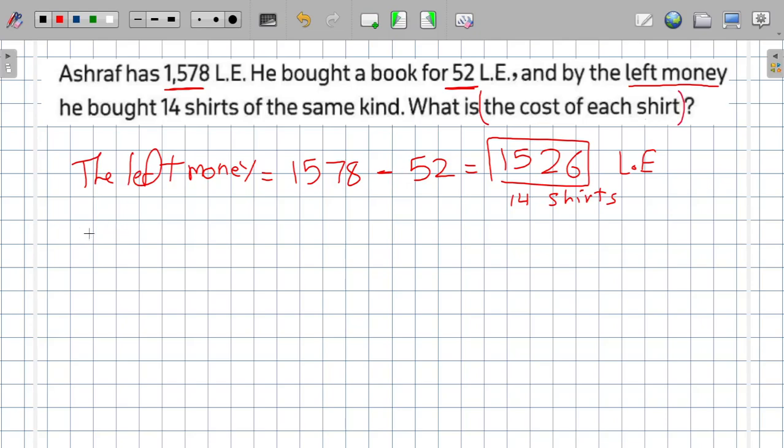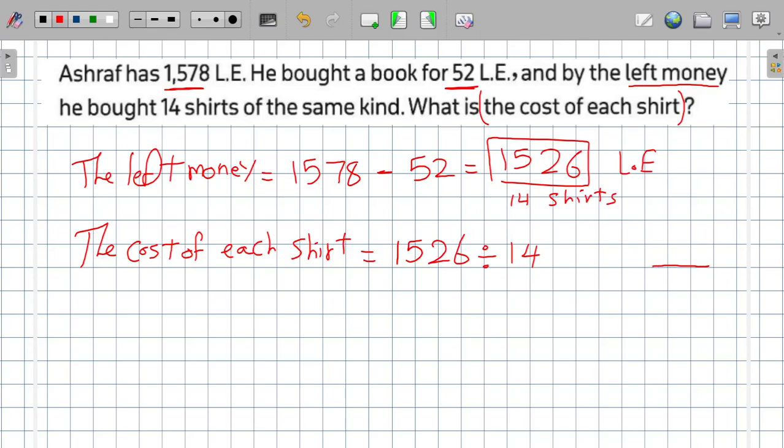So the cost of each shirt equals what? I will divide the cost of all shirts by the number of shirts. So I will say 1526 divided by 14.